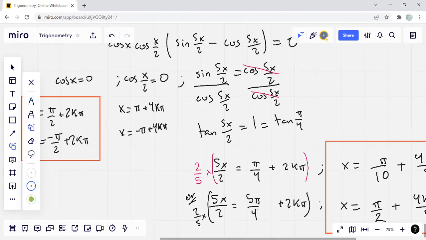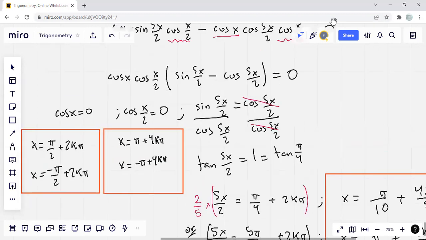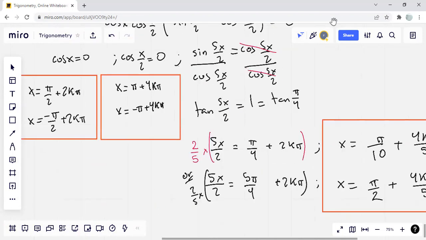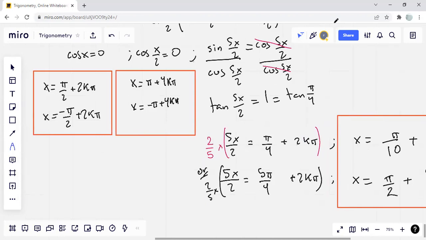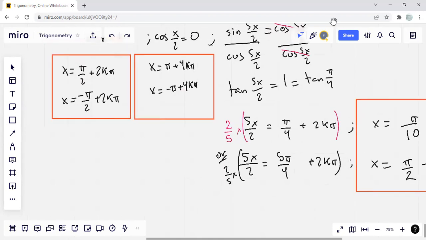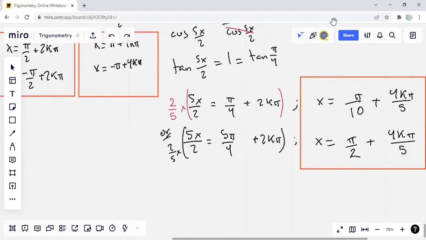These will be the last 2 solutions. Now we can simplify these. Pi and minus pi plus 4k pi can be reduced, and these 2 equations, for example, can be written as 1 equation. But if you don't know how to write them as 1 equation, you can write the 6 answers, and they are completely correct.